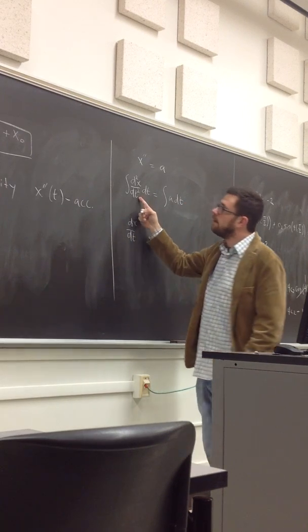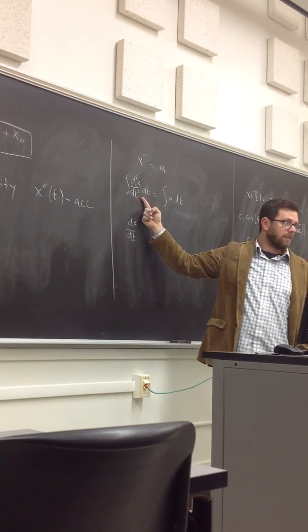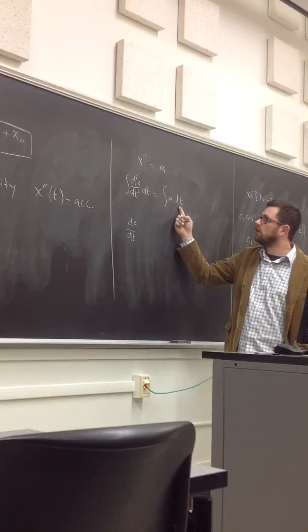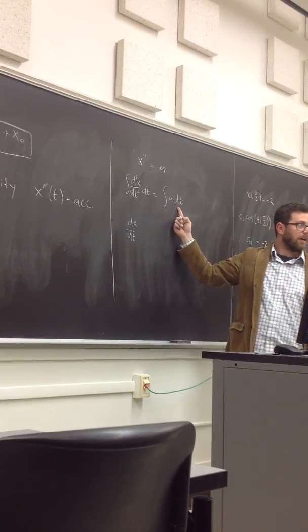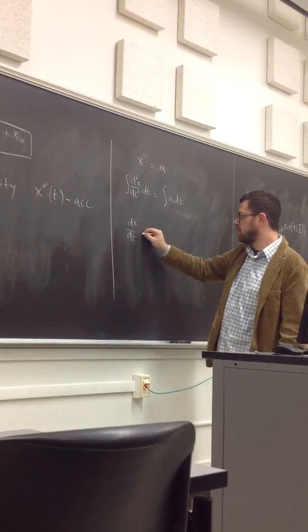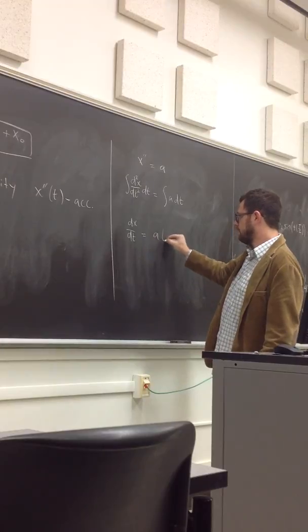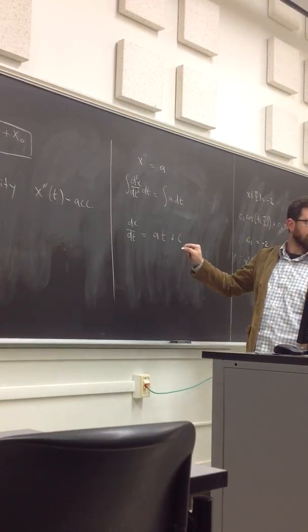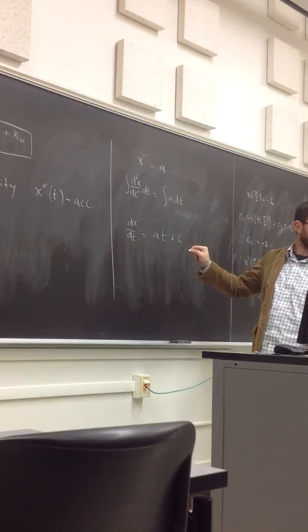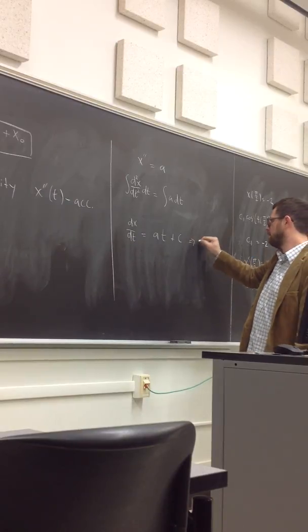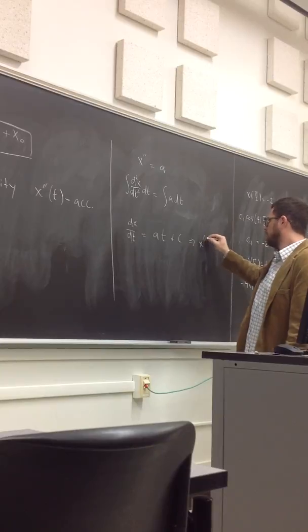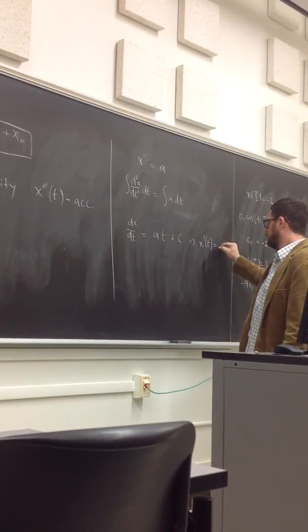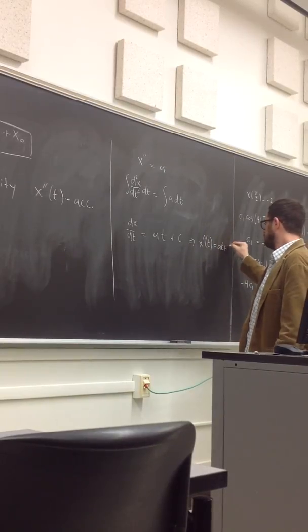The integral of the second derivative is the first derivative. What is this integral of a dt? At. Almost. Since a is constant, it's at plus c. With me? Okay, so we could rewrite this as x prime of t is equal to at plus c.